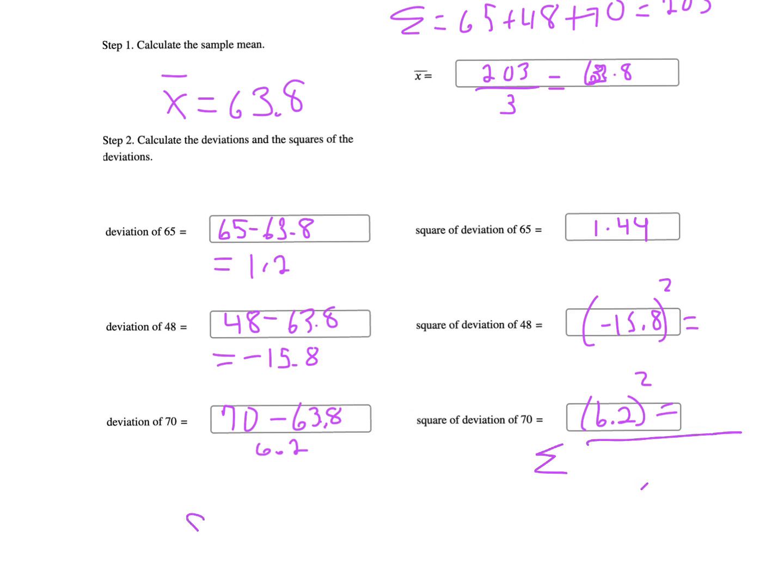And when we want to find the SD, we're just going to take the square root of that answer, and that goes on top. And because it's sample, we don't divide by n, we divide by n minus 1. So 3 minus 1, because there were 3 points in our data set, and that's equal to 2. And as soon as we do that division, we'll have a value for the standard deviation.